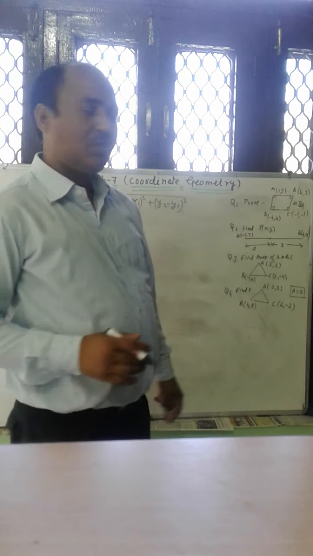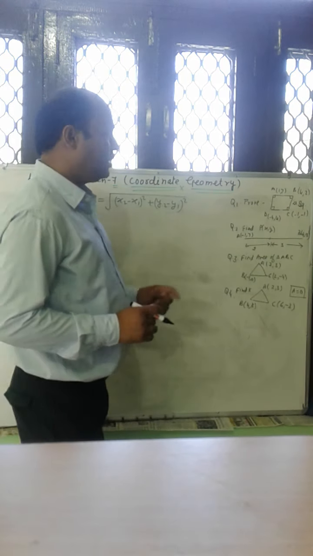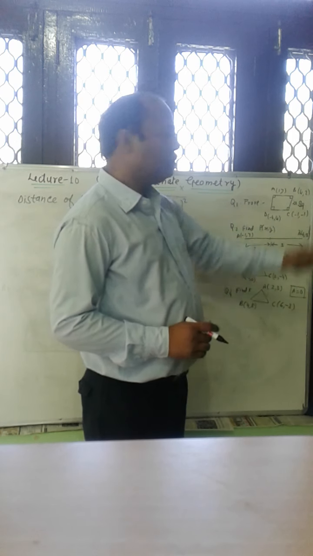Here x1 is 1, y1 is 7, x2 is 4 and y2 is 2.